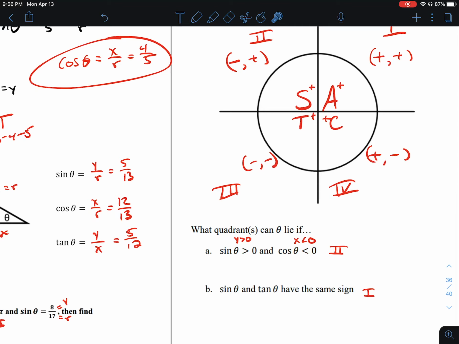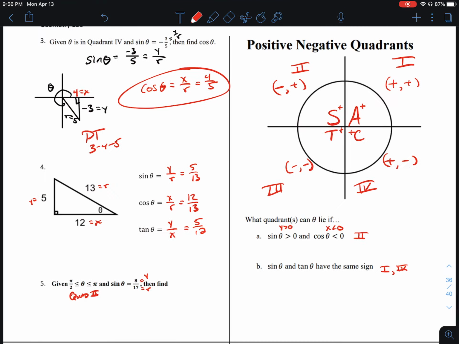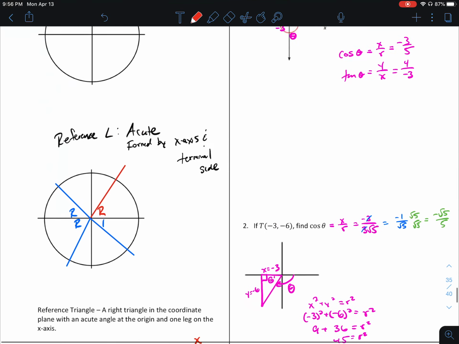In quadrant 3, tangent's the only one that's positive, so they don't have the same sign. In quadrant 4, cosine's the only positive one. That means sine and tangent are both negative. So quadrants 1 and 4, they have the same sign. That concludes the notes for 16.3.